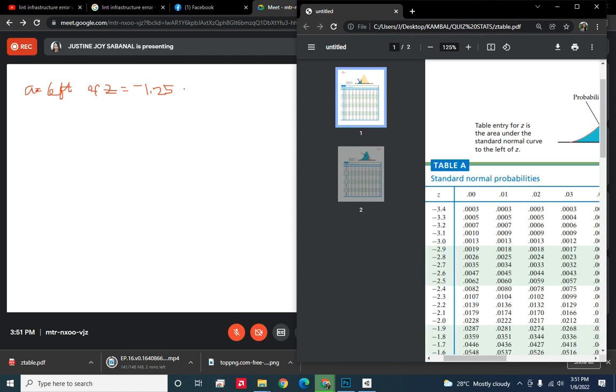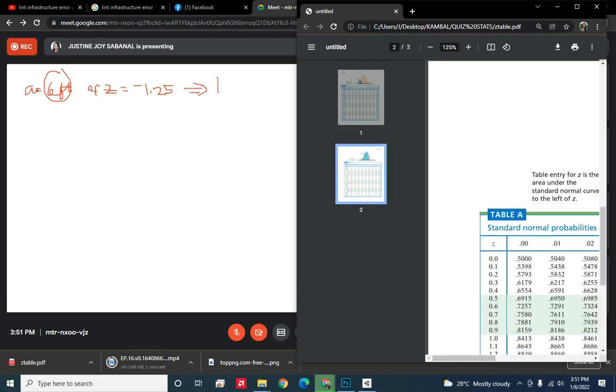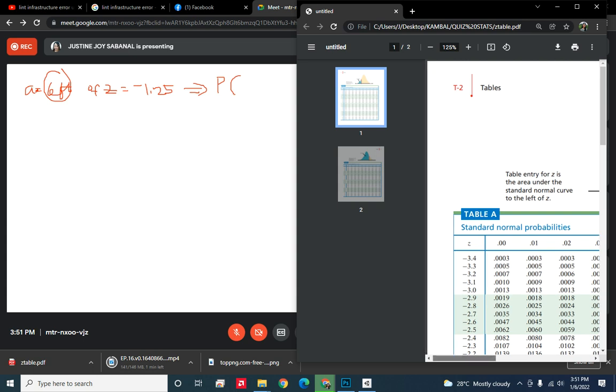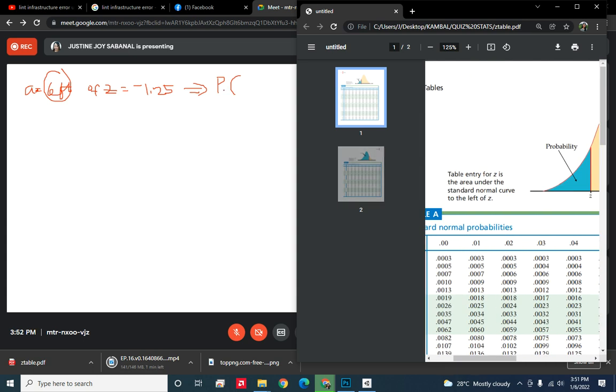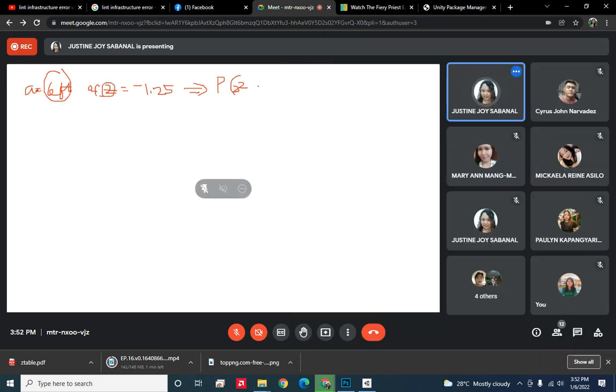So first thing is, we express this kung naka-indicate po dun sa problem na to the left po siya. So, ang pag-express natin, yung statement na yan, in a mathematical way, is that we have probability of Z less than negative 1.25.